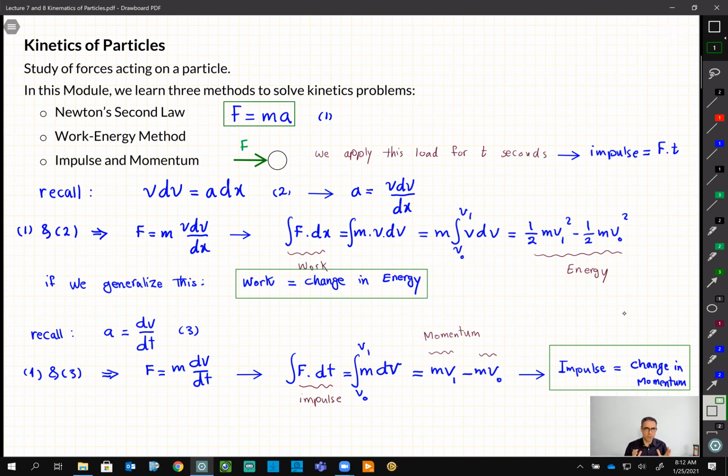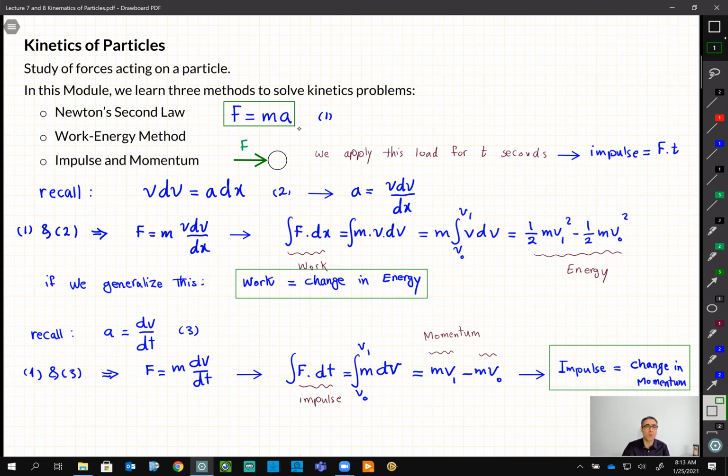So you should have basically a good grasp of this concept. You are familiar with force. Force is a vector, right? You apply a force to an object, and based on its mass, it gets an acceleration, okay? You apply a force to an object for a certain duration of time.